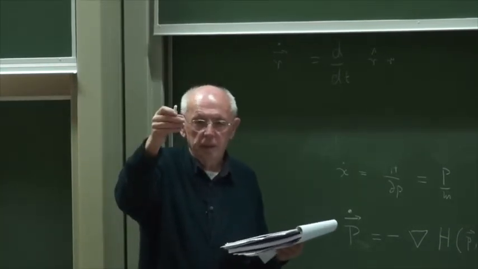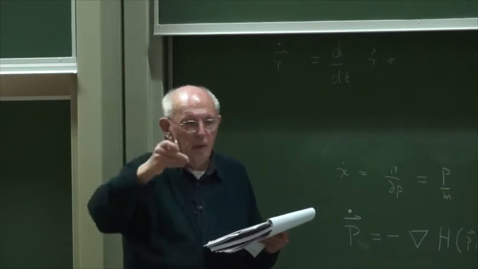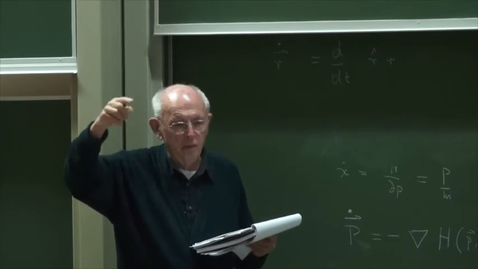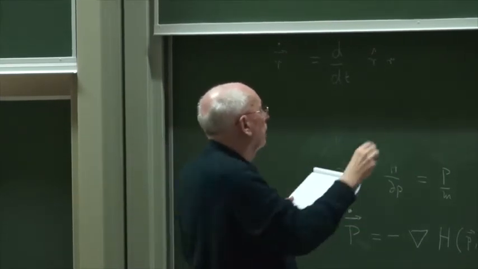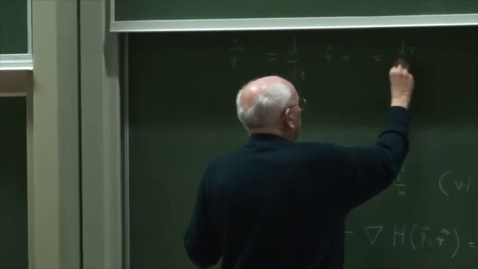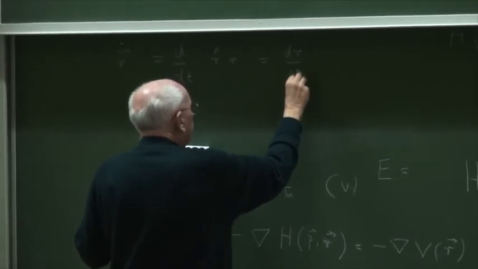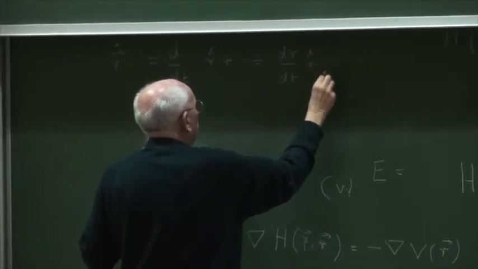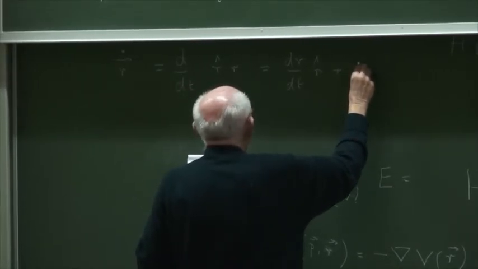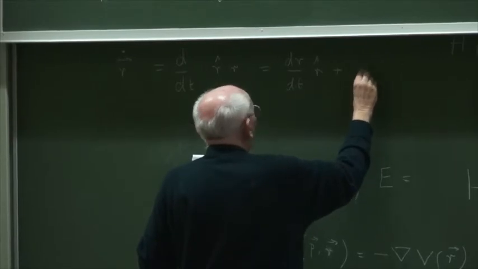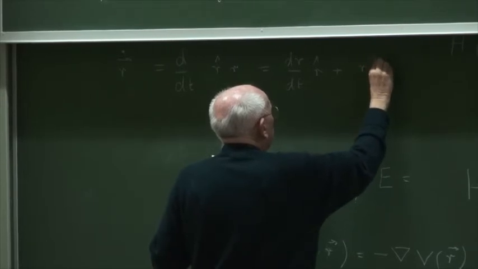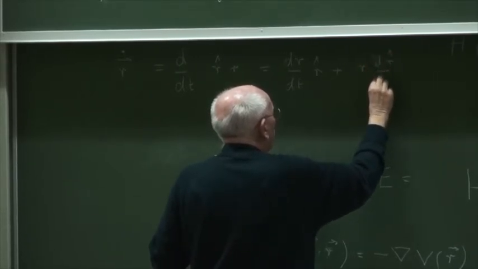The unit vector will change, and the length along that unit vector will also change. And so you actually get already two terms here. You get dR/dt times the unit vector, and you get R times d(unit vector)/dt.